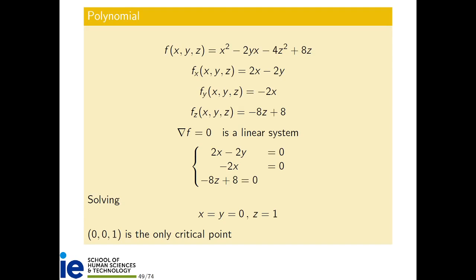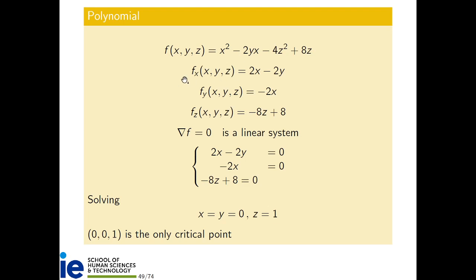I'm not going through the details, but I just want to show you. So suppose that I have a function here of three variables, x squared minus 2y times x minus 4z squared plus 8z. I suggest you go through the steps that I did to compute the partial derivatives so that you get a better understanding, and then setting the gradient equal to 0 is equal to setting up a system of equations.